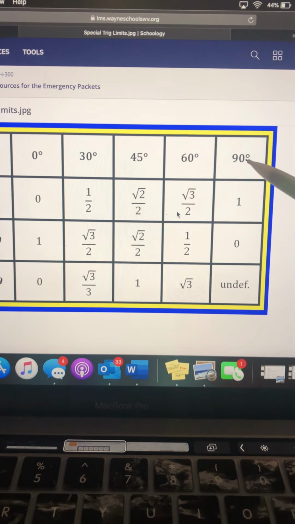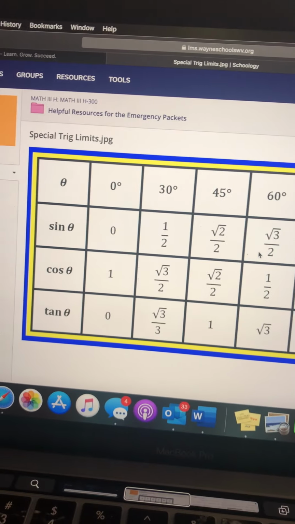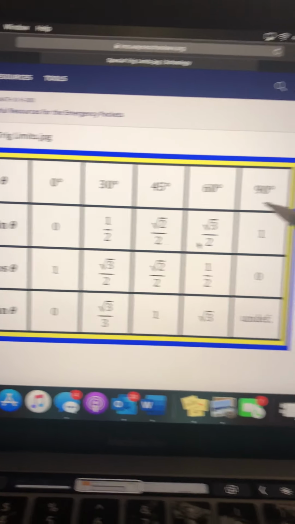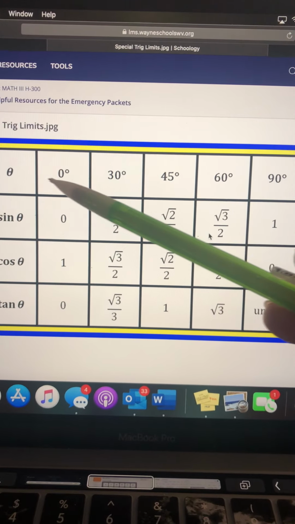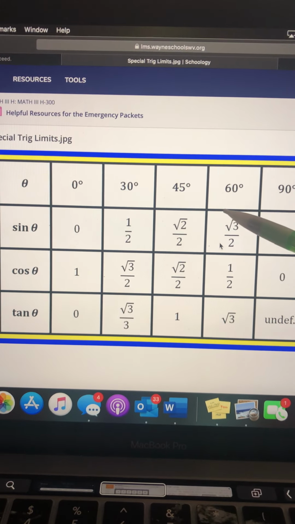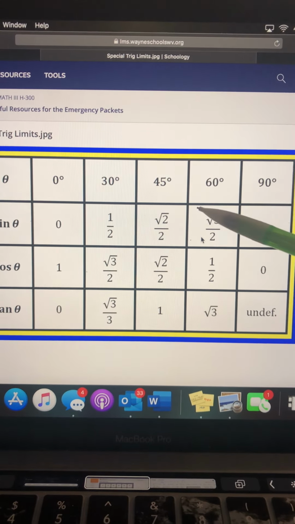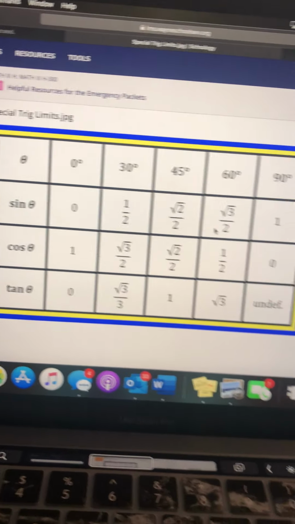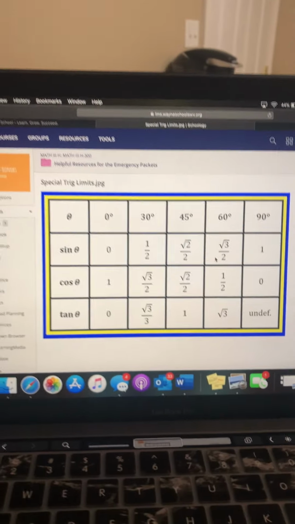We're not going to be using 90 because the 90 degree angle is already solved for in our triangles. So that is for something else, but we are going to use these three, 30, 45, 60. And if we ever do get back to school, I have these copied for everyone to use on anything that we do. But for now, just get on here and look at it. You can download it or whatever.